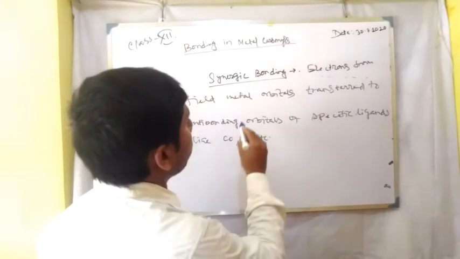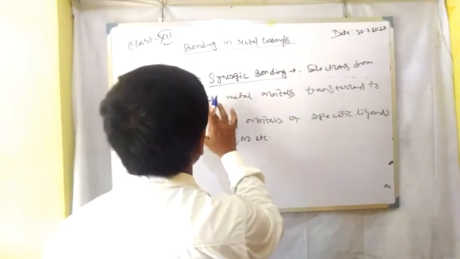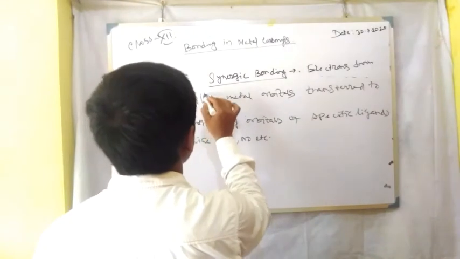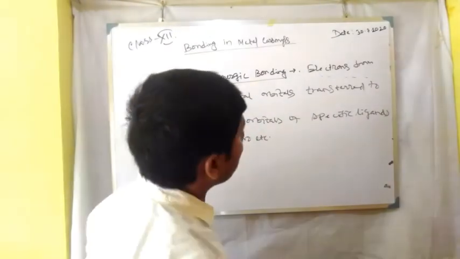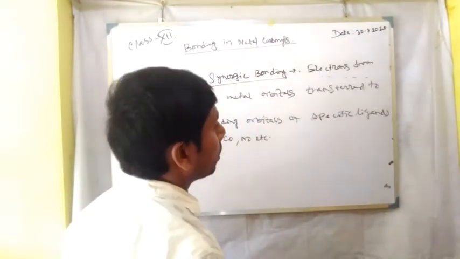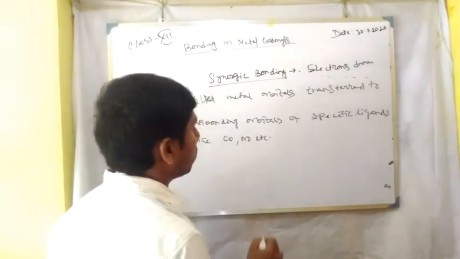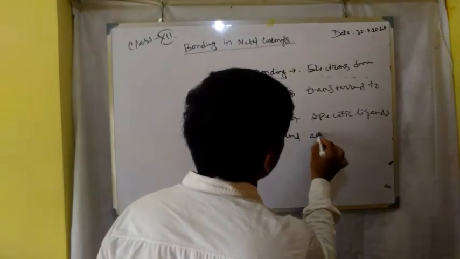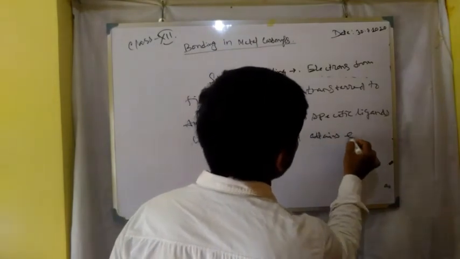The electrons from the filled metal orbital are transferred to the antibonding orbital of specific ligands like carbon monoxide, etc., and the metal attains extra stability.